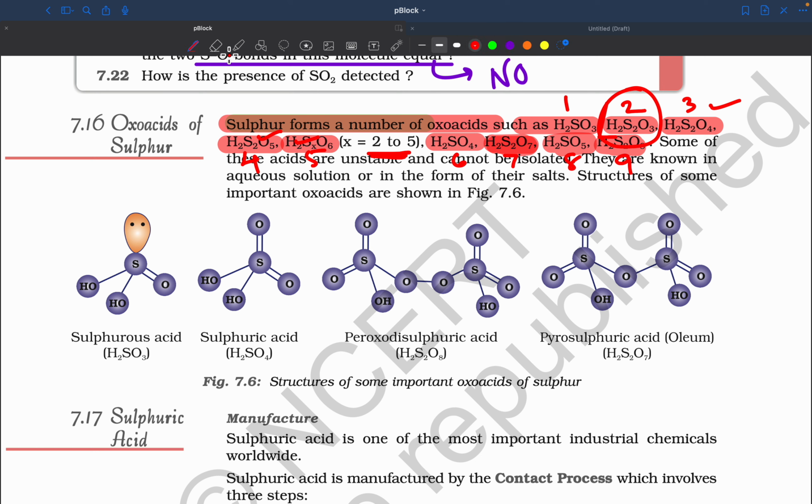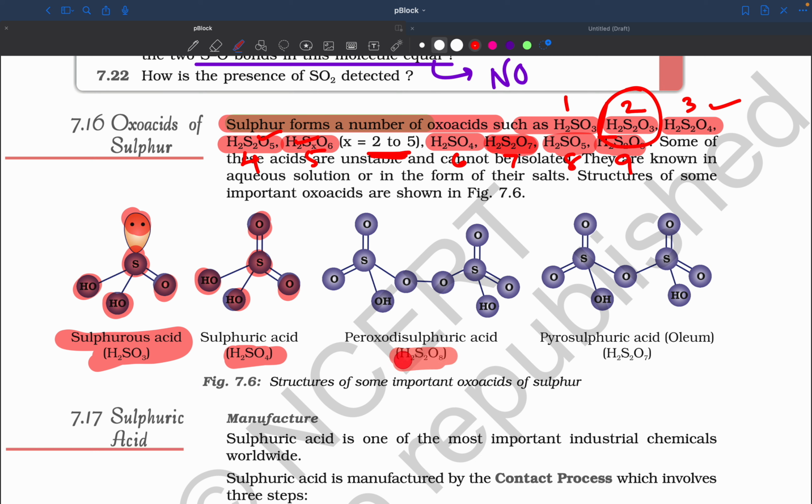So this is the sulfurous acid, right? You have sulfur with one lone pair, two OH groups, and one double bonded oxygen. In H2SO4 you have one sulfur, two oxygens here, and two OH groups here.